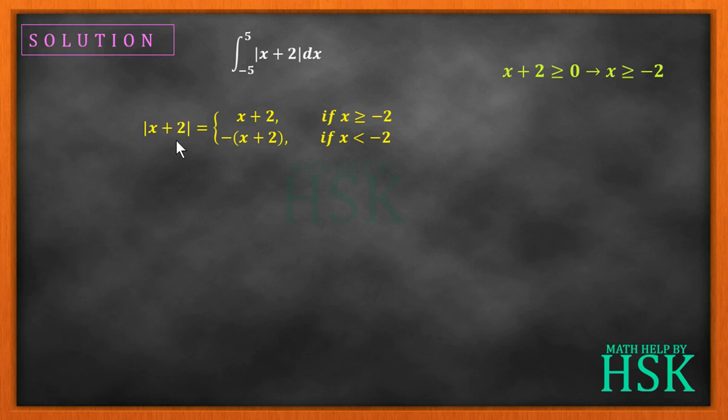So this is how we get modulus of x plus 2 as equal to minus of x plus 2 when x is less than -2. So we are going to write this definite integral as a sum of two definite integrals, and then we are going to solve it to get the answer.